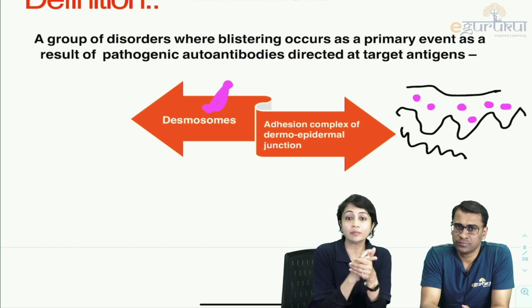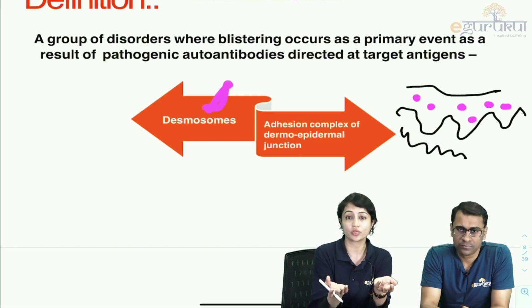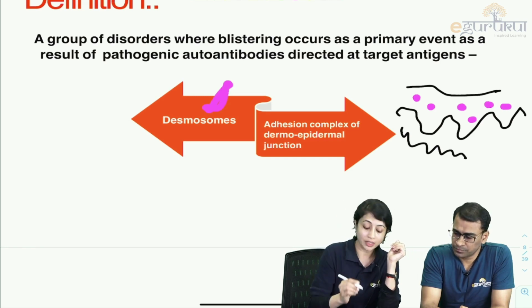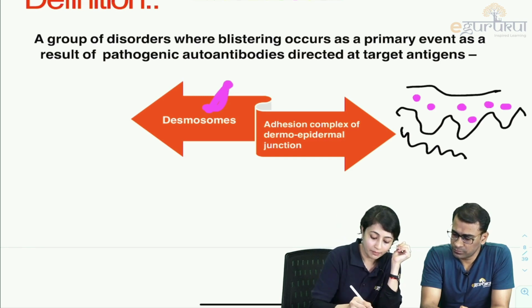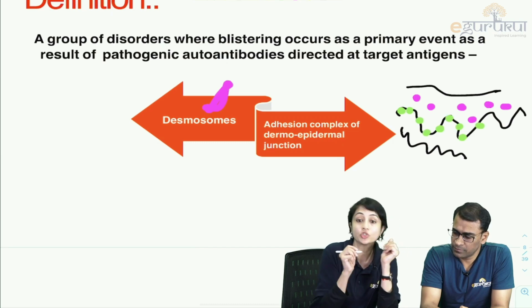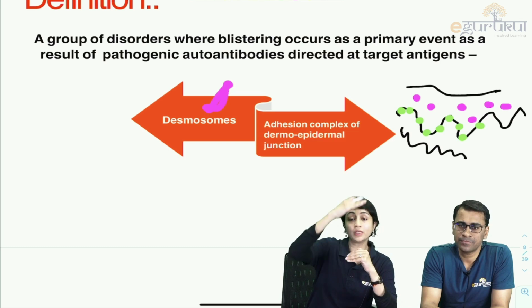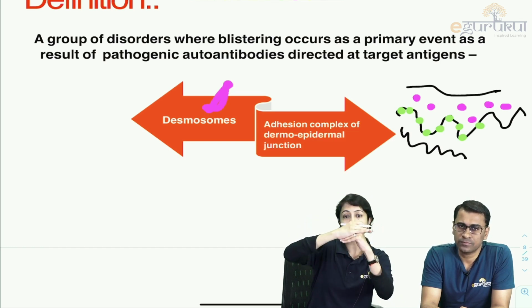So I will call them intraepidermal disorders. But if the antibodies are binding to the antigens present in the basement membrane zone, then my split would be below the epidermis. So epidermis above, dermis below, and a split between.